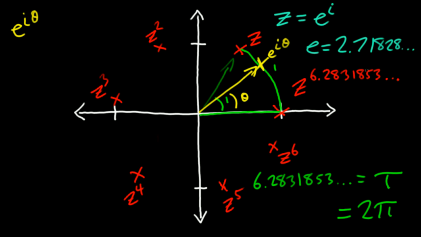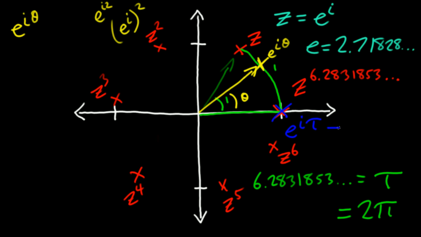So for example, z squared, that's e to the i squared, and following the rules of exponents, that's e to the i times 2, or e to the 2i. And of course, if we were to take a complete turn around the unit circle, this is e to the i tau.